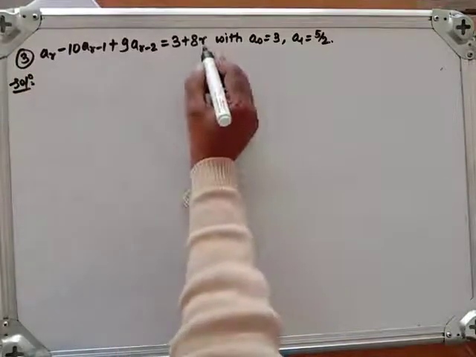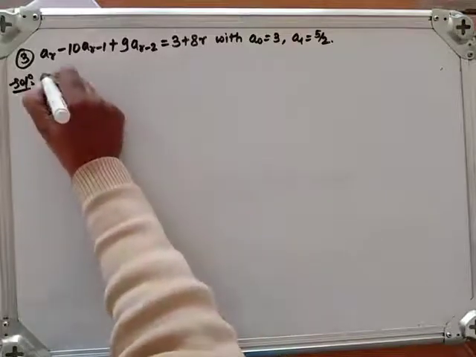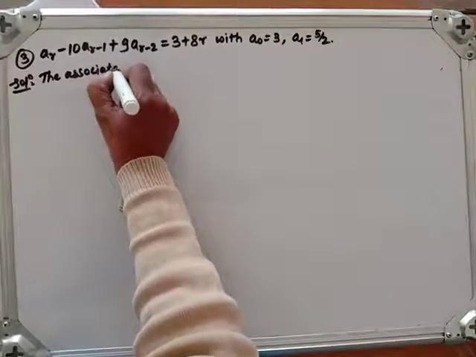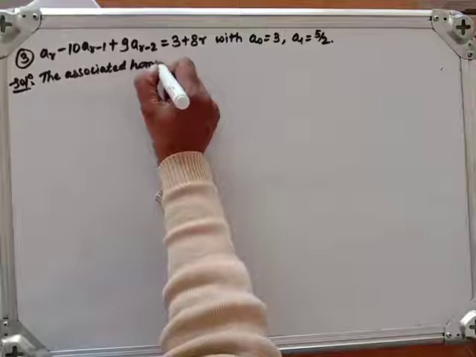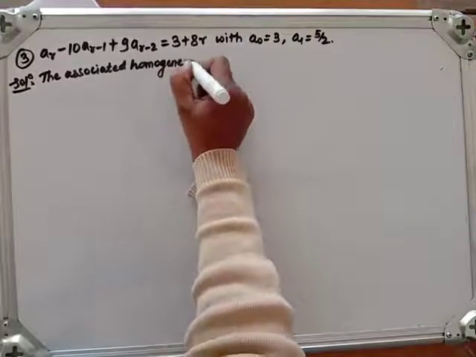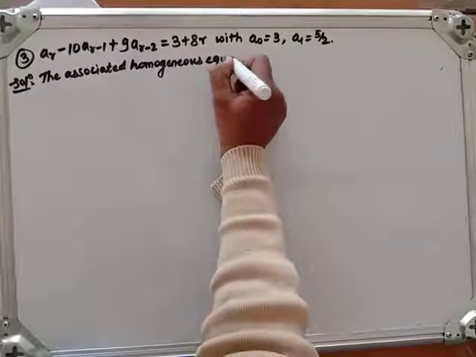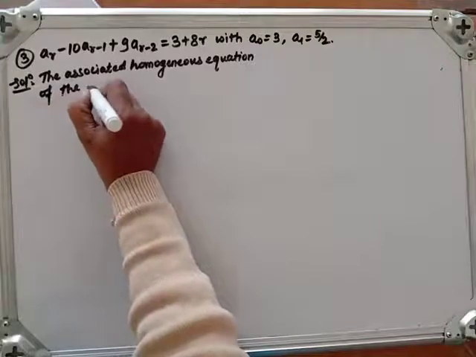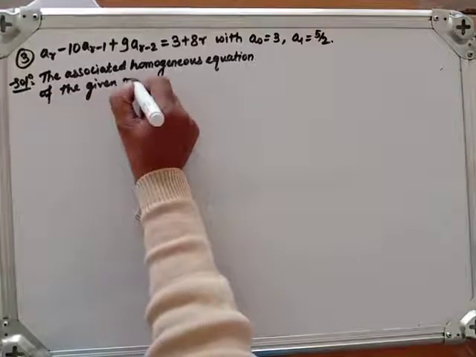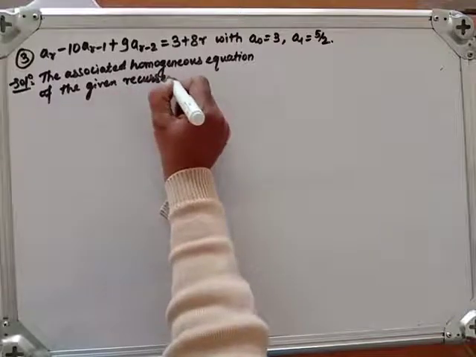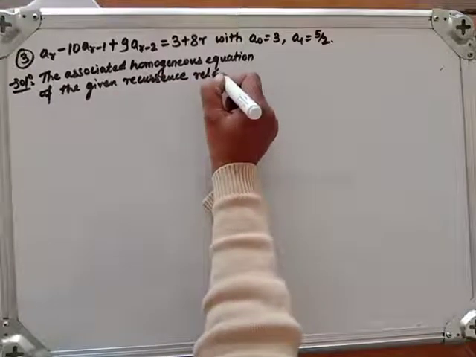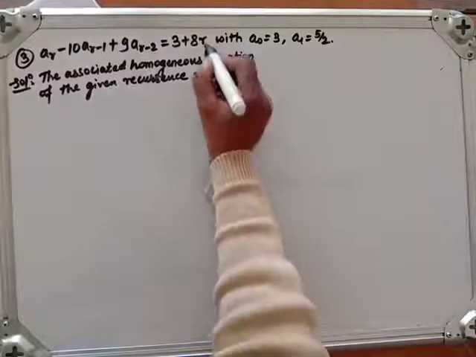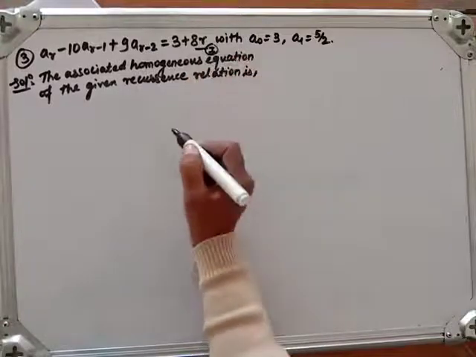The recurrence relation is already given. Let me write the associated homogeneous equation of the given recurrence relation. Here itself I will call it 1. You can write it down in the answer also.